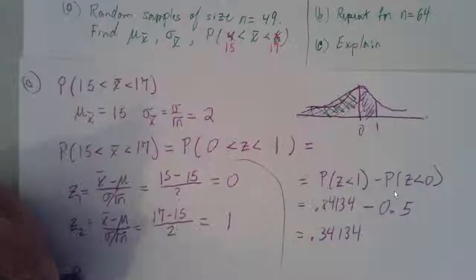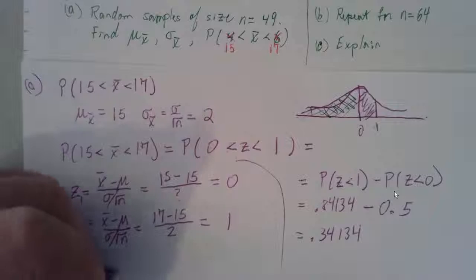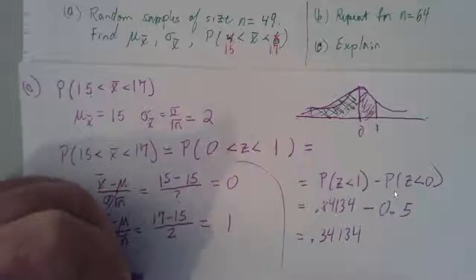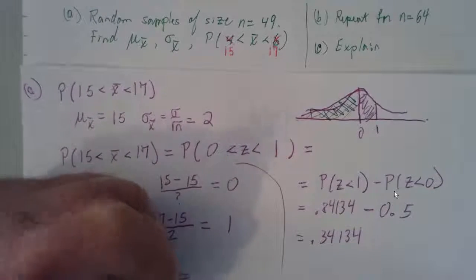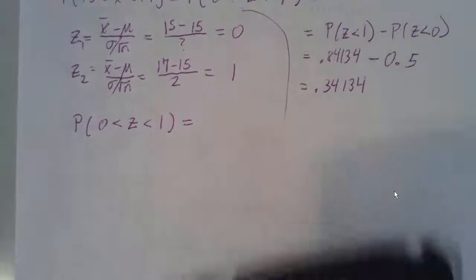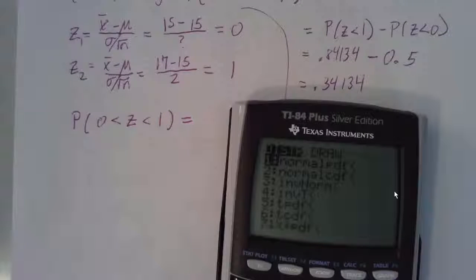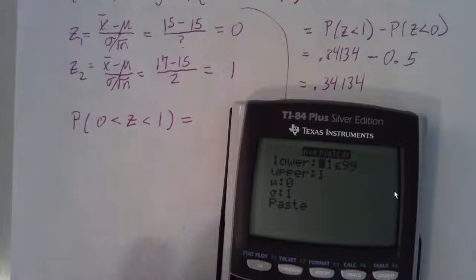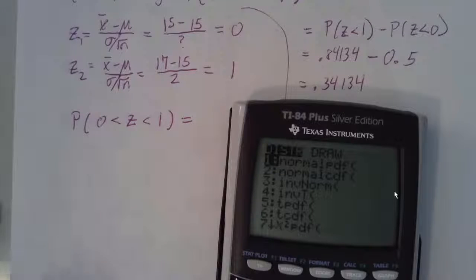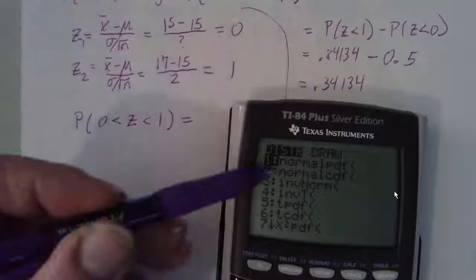So let's go back here. Probability z 0 is less than z is less than 1. This you can get directly on the calculator, and it's worth learning how to use that function. So I'm going to go right back here where I was before, the normal CDF. By the way, we'll almost never use this first option, the normal PDF.